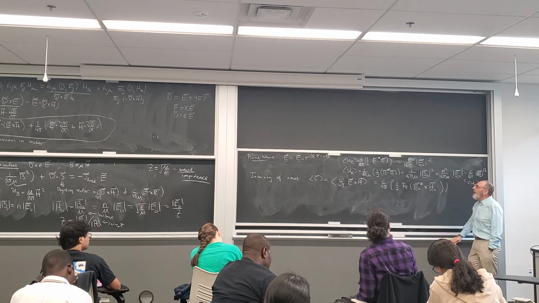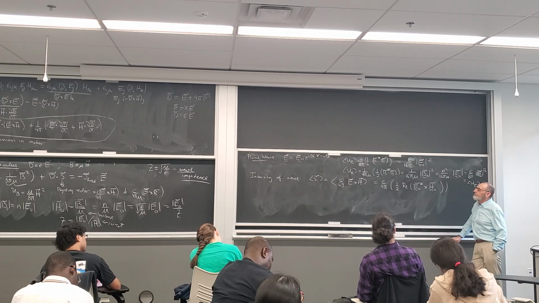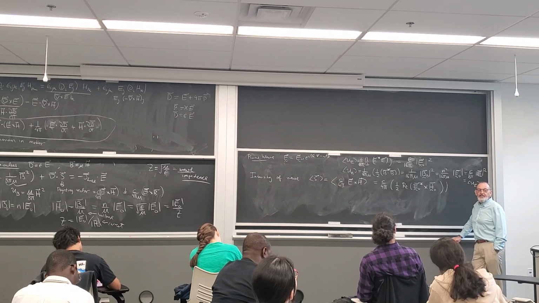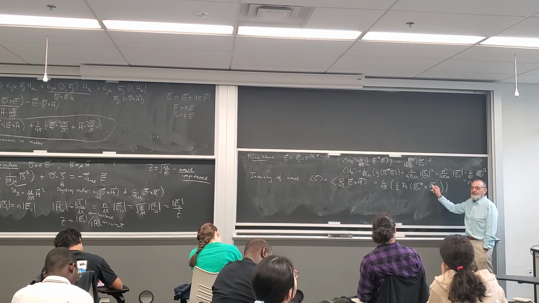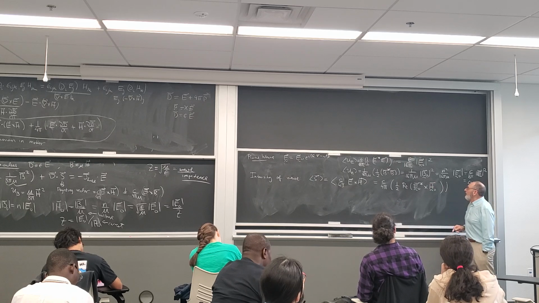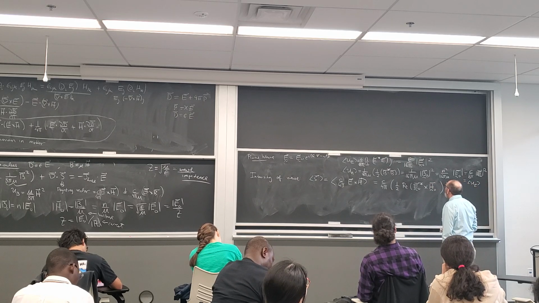That's how you take a time average if you have a monochromatic oscillation: it's 1/2 the product of that times the star, or the other way around.